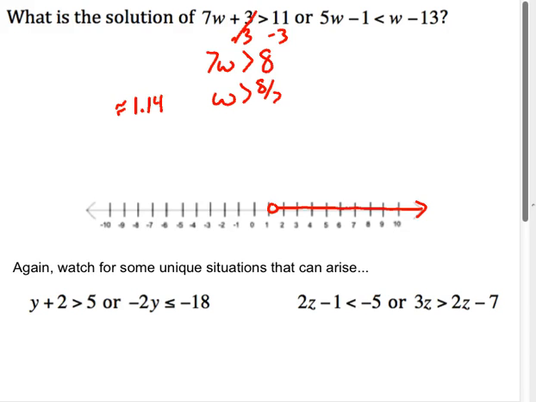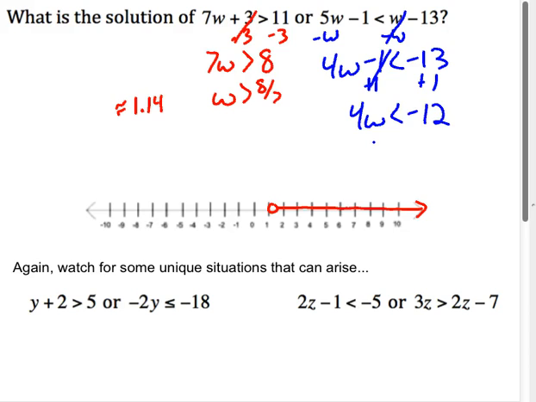And let's take a look at our other side. So I'm going to subtract w. So 5 minus 1 will leave me with 4w, plus 1 to both sides. Negative 13 plus 1 is negative 12. Divided by 4 is going to be less than negative 3.